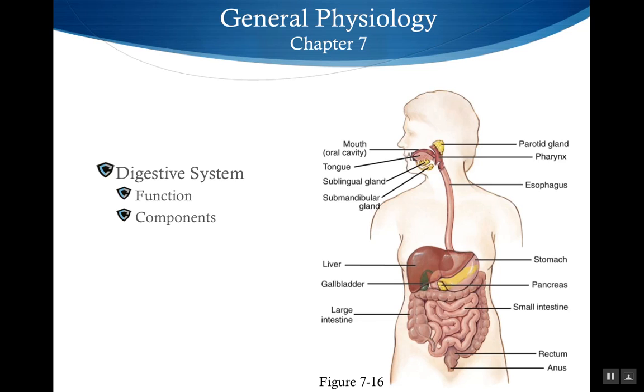Okay, so one of the important things that we're going to discuss here relates to saliva, and that's where, as I mentioned, the beginning of digestion of carbohydrates occurs, actually in the mouth, not in the stomach.